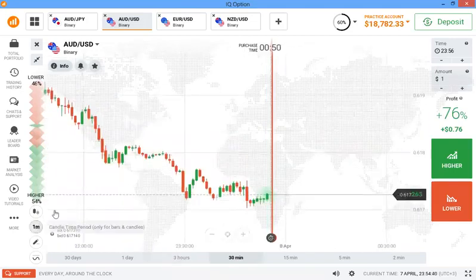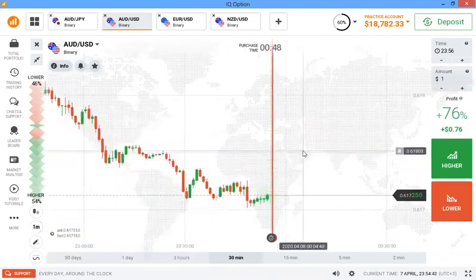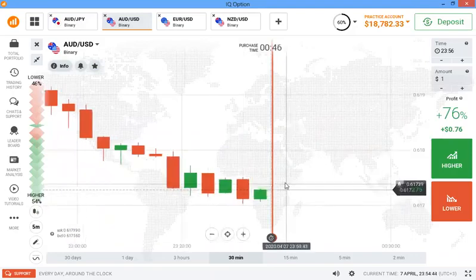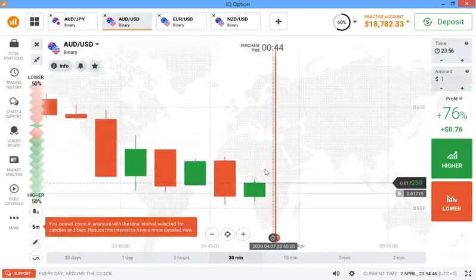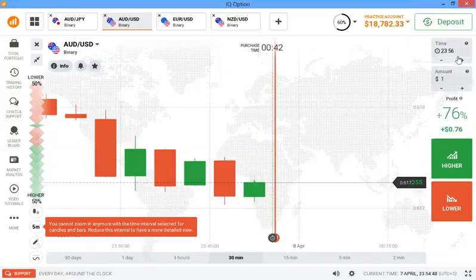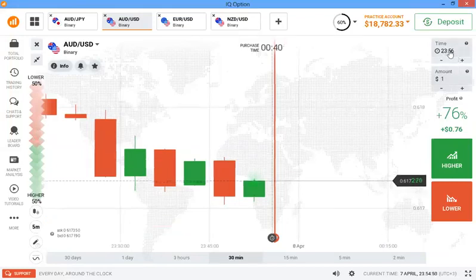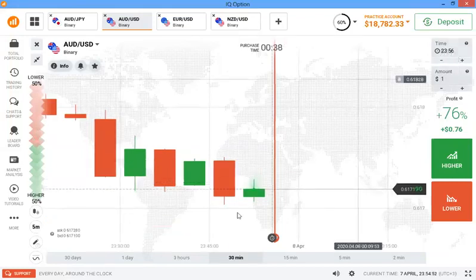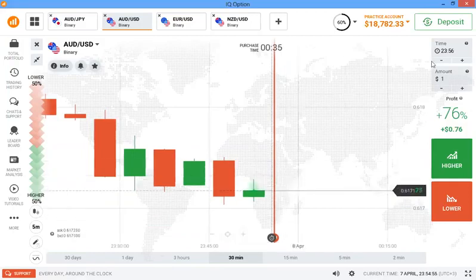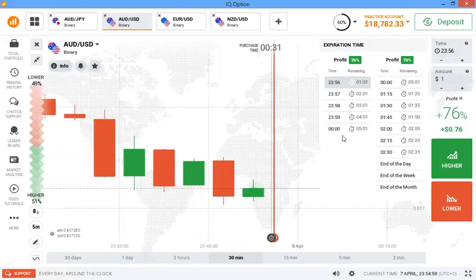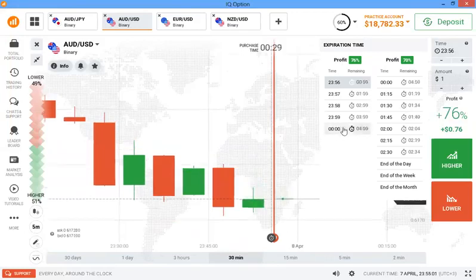Let's say this is the 5 minutes candlestick. Maybe this candle is forming around 23:56. So we should know that the next candle to form will be at 23:60, or let's say 00.